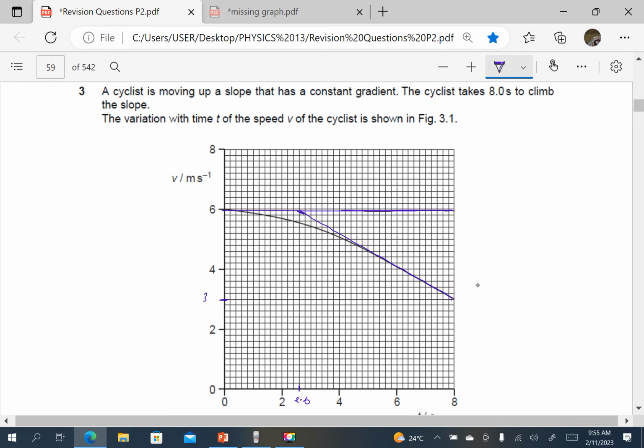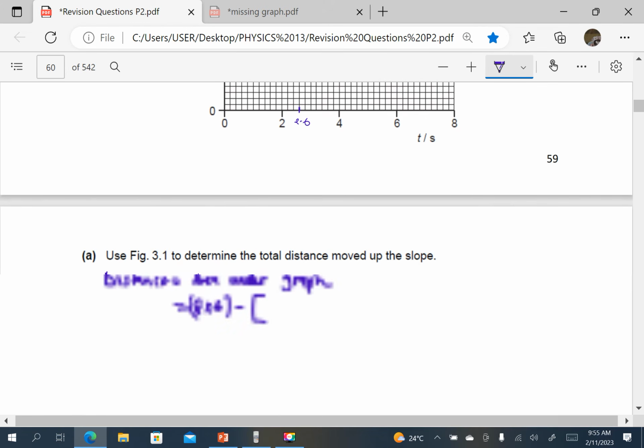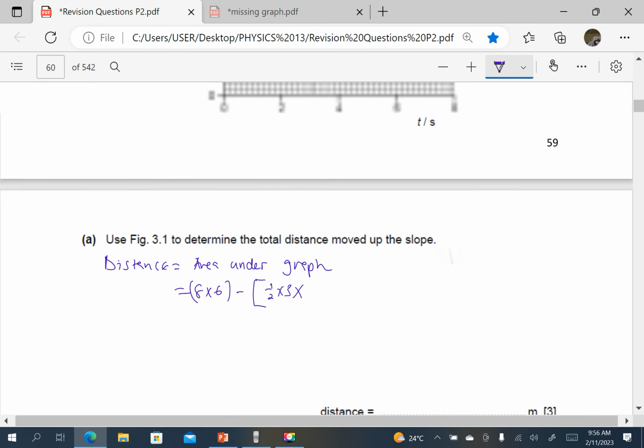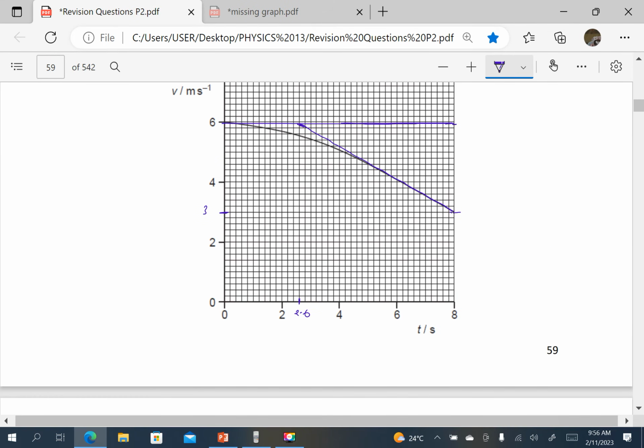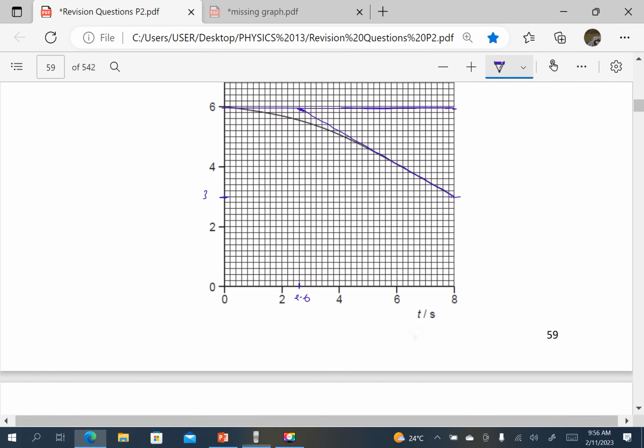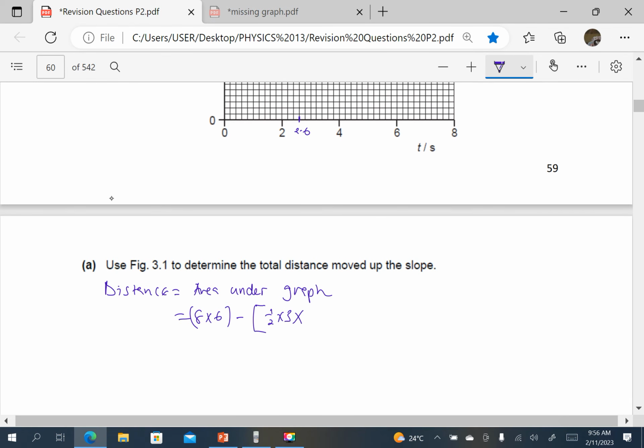So the area of that triangle is going to be a half base times height. So this will be 3, and this is approximately 6. So I'll say a half times 6 minus 3, which is 3, times the base, which is 8 minus 2.6, which is 5.4. So that will be times 5.4.